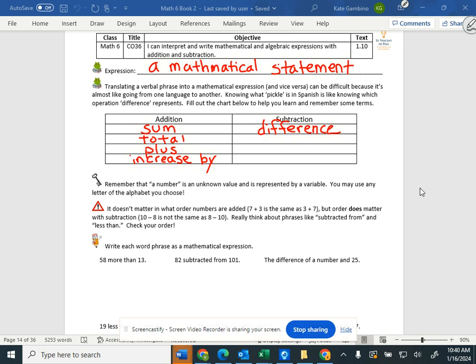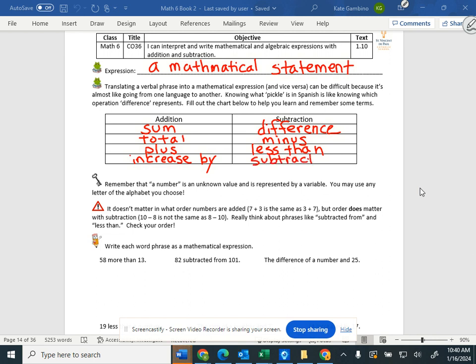Zelda. Minus. Minus. Jimena. Less than. So we have less than and subtracted from.